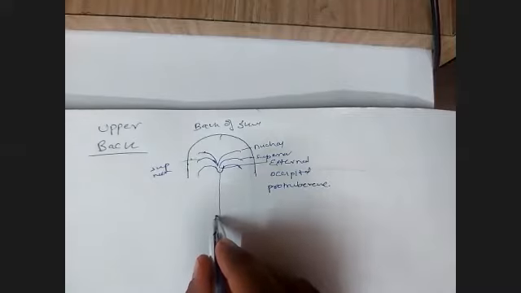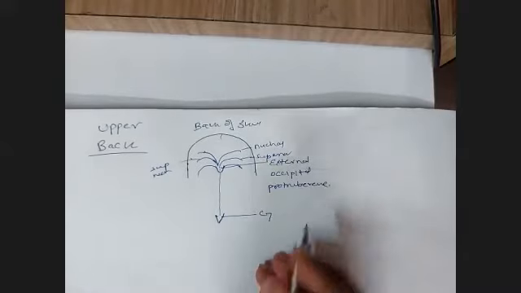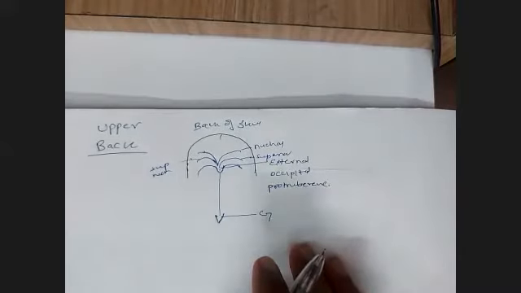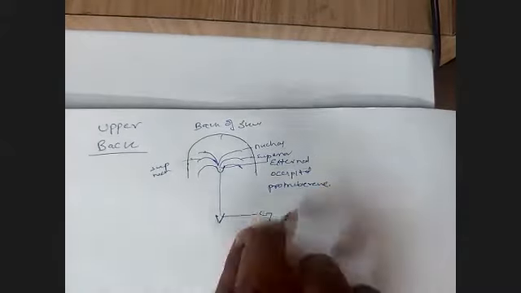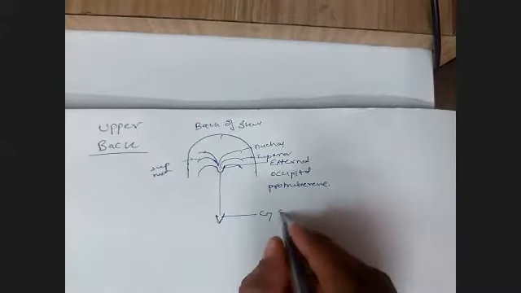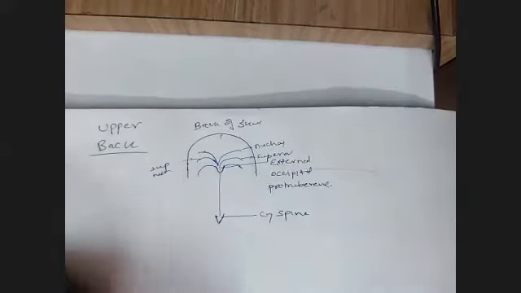From here, if you keep on feeling in the center, suddenly at the C7 level we can feel the spine of C7. This is exactly the lowermost part of our neck.